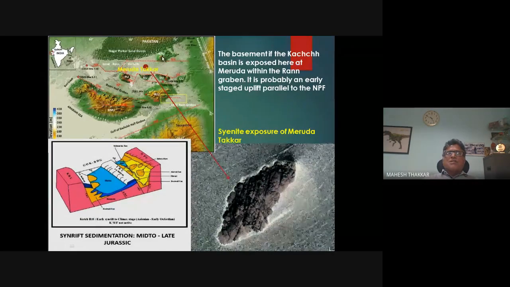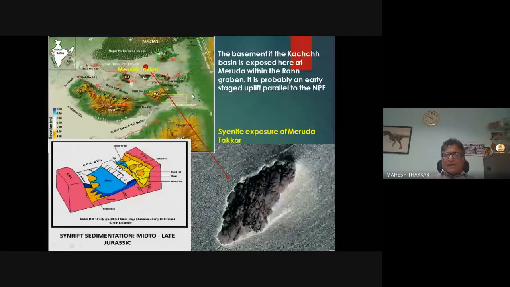Because whatever sediments we got here in the Kachchh Basin are all generated from the hinterland areas of the Aravallis, and this is one of the remnants. So it could be an intra-basinal uplift in the Run graben, and that is still present over there.